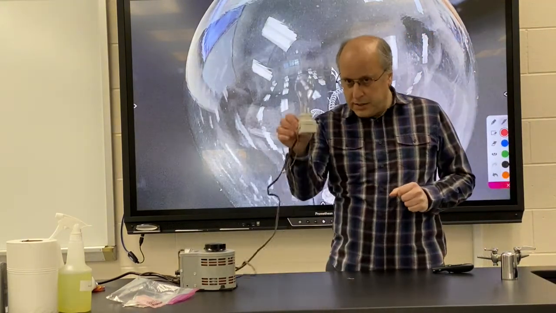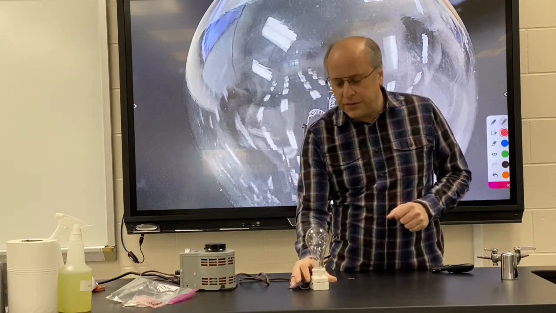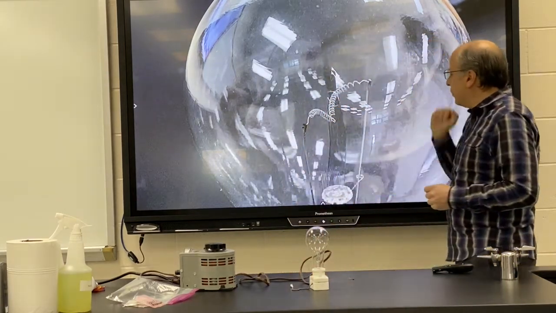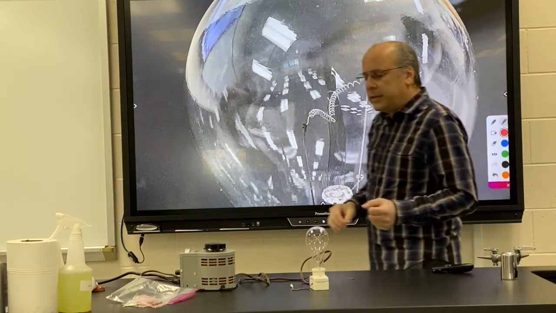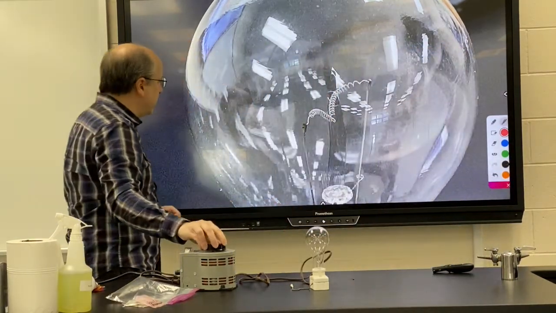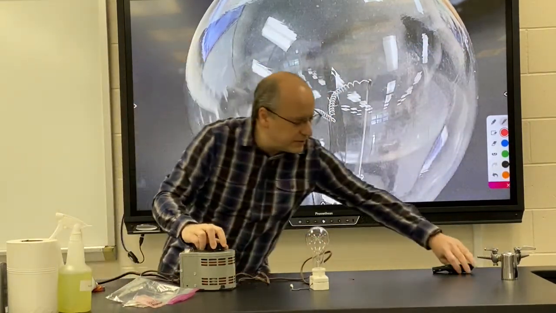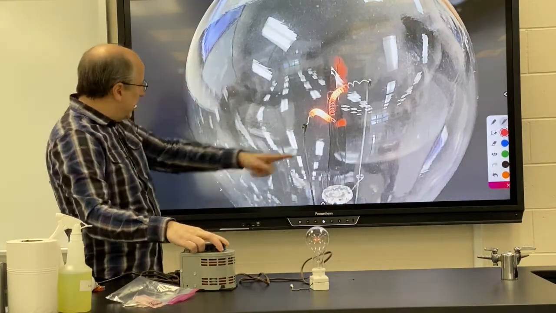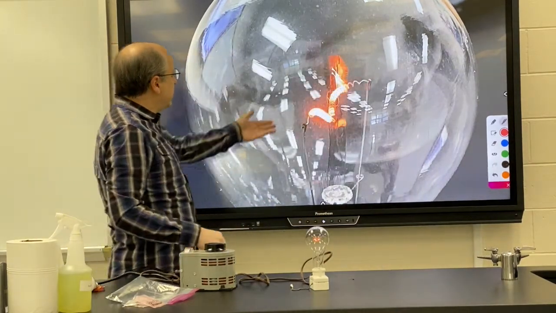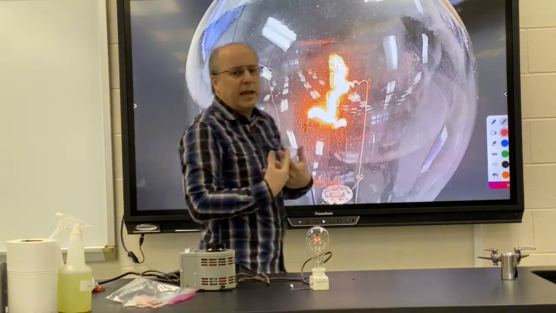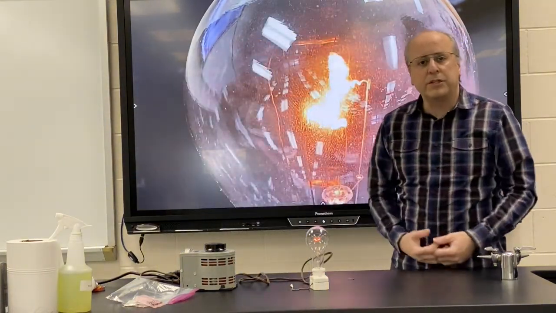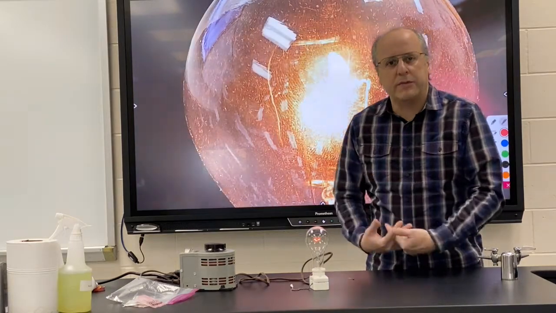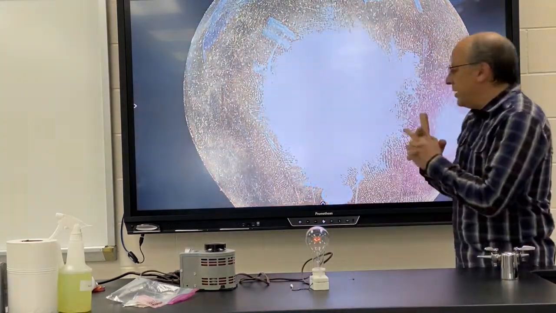So if you take a look at this light bulb, right now the filament inside is at room temperature. When I start to put more voltage across the terminals of this, you could see in real life and up here, you could see that this thing starts to get hotter. More voltage gives you more current gives you a higher temperature, and here's the key.